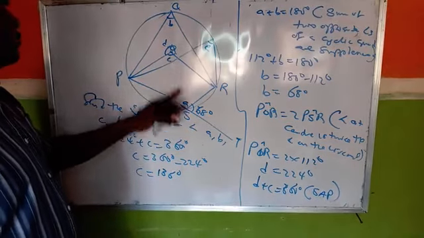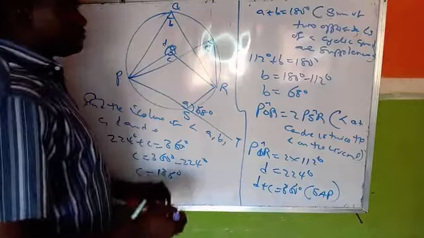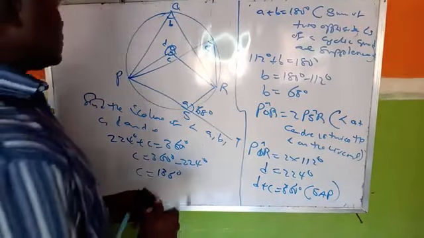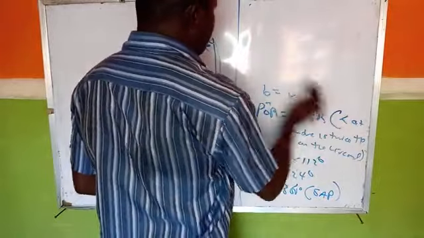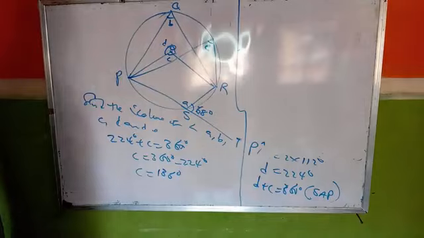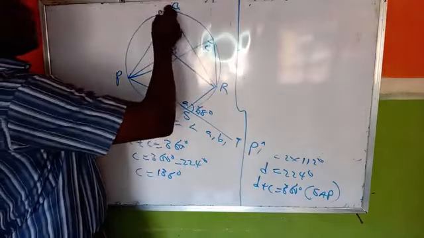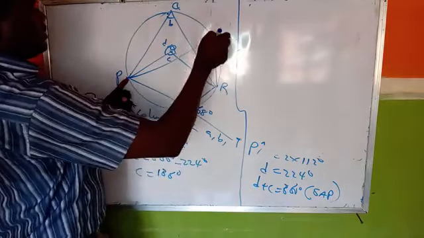You calculated A, B, C. Then remains E. Now look. You want to calculate angle E. Look at it. The angles on the same segment. They are on the major segment.